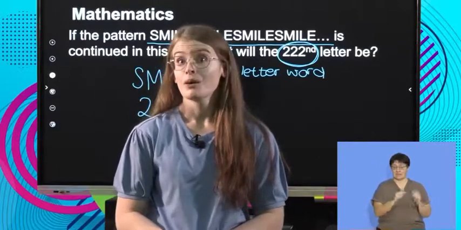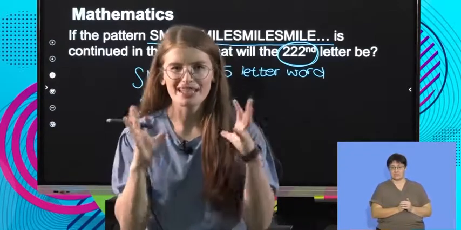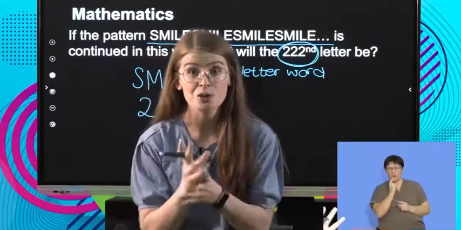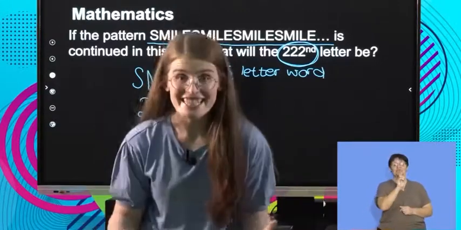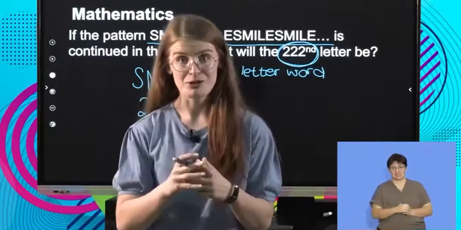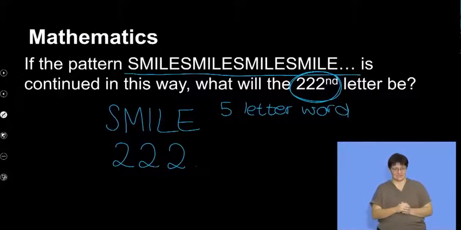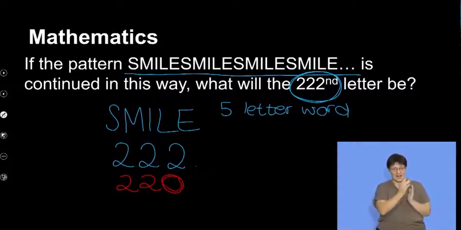But what is a multiple of 5 if I'm looking at a number that's close to 222? Yes, 220 is a multiple of 5. So 220 is a number that is a multiple of 5 that has occurred close to 222.